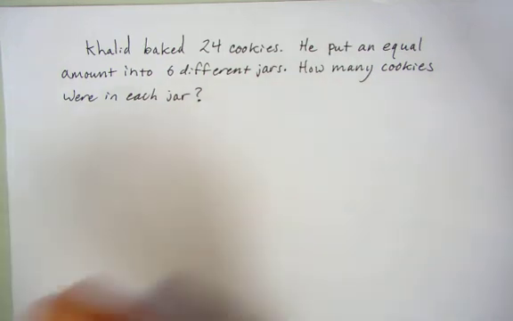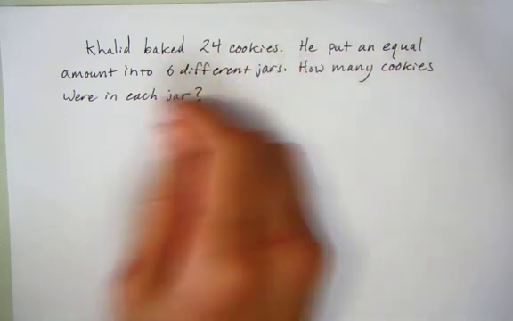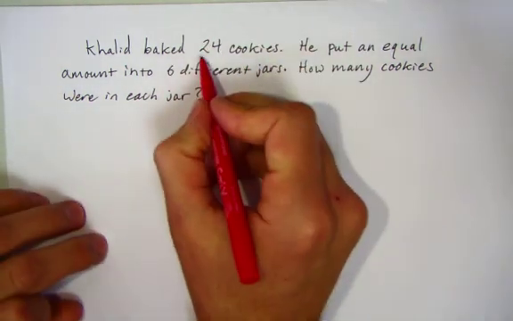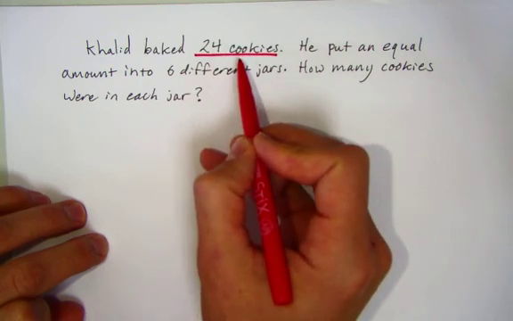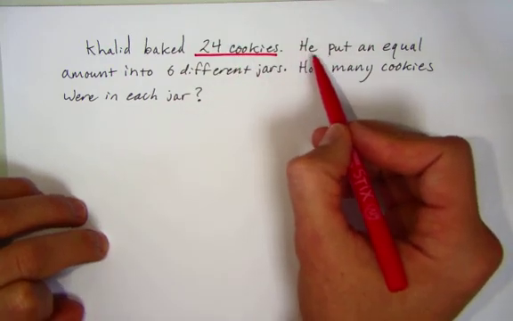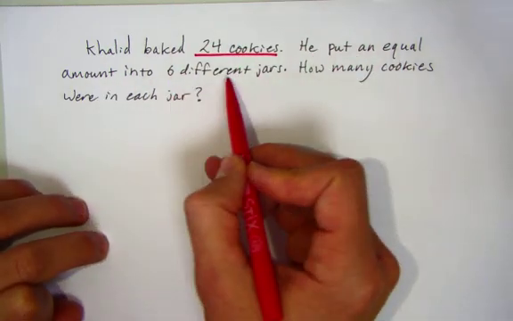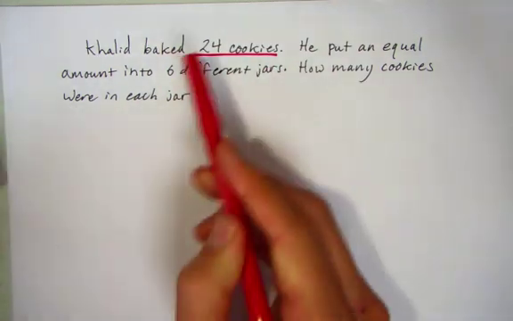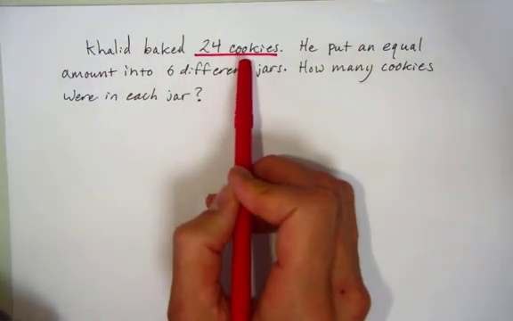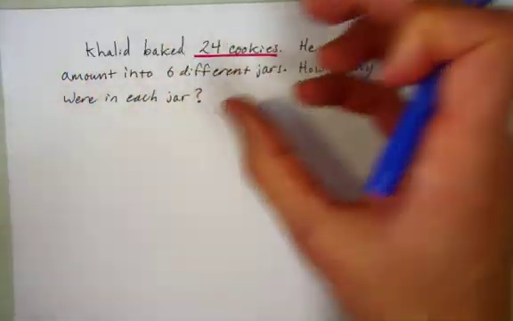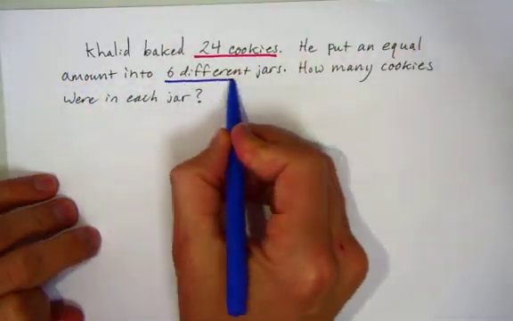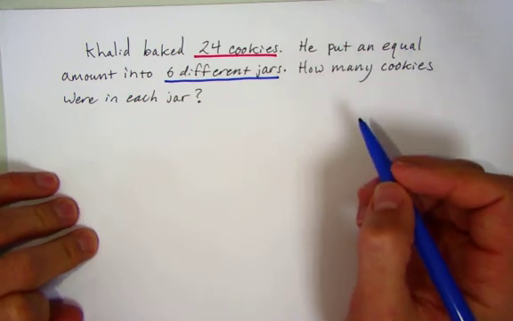Well, I have to think really quick. Do I start with a total amount right here? I think I do. Khaled starts with a total amount, and I see that he put an equal amount into 6 different jars. So he's taking these 24 cookies and breaking them up, or dividing them, into 6 different jars.